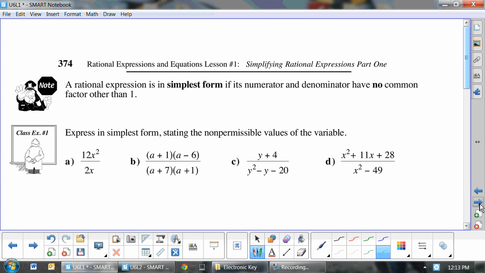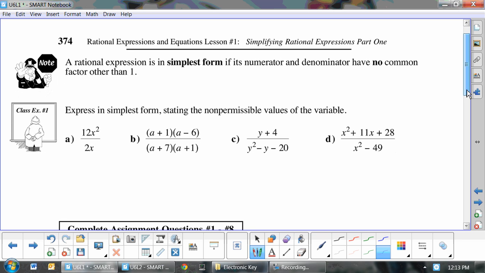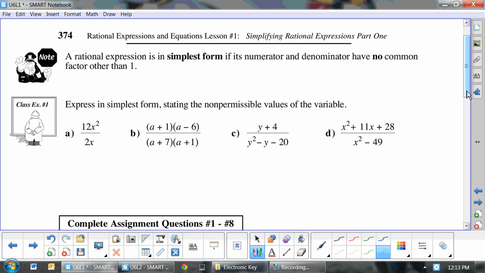Okay, so let's do some examples. So the question says, express in simplest form, stating the non-permissible values of the variable. So even though the first thing it says is express in simplest form, the first thing we have to do is state those non-permissibles. And then we simplify.